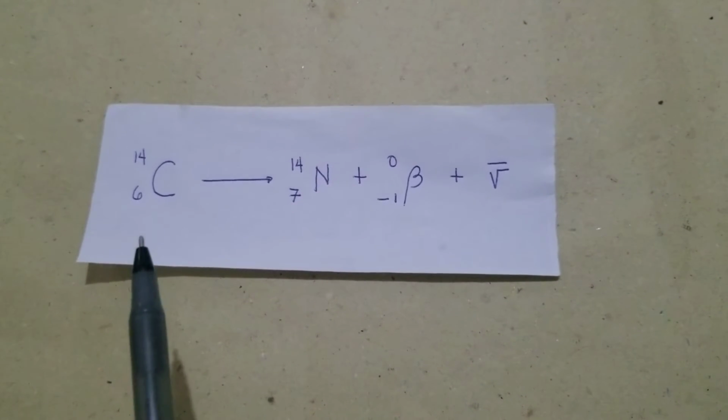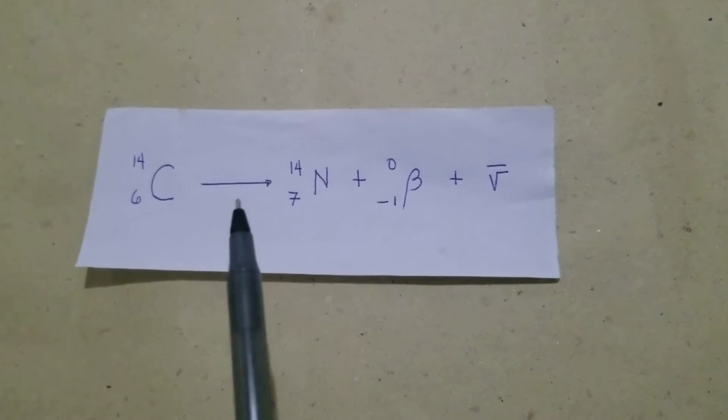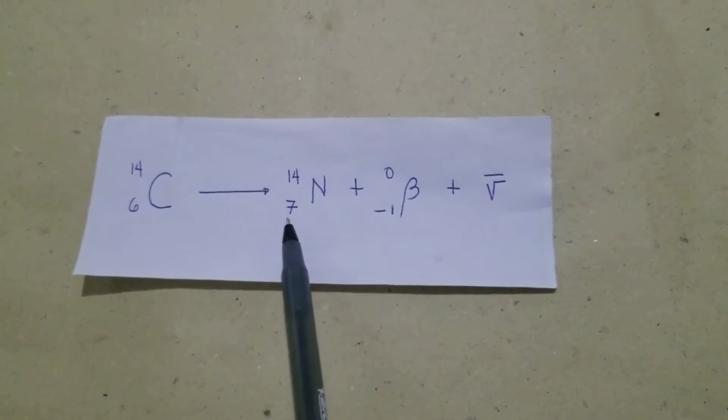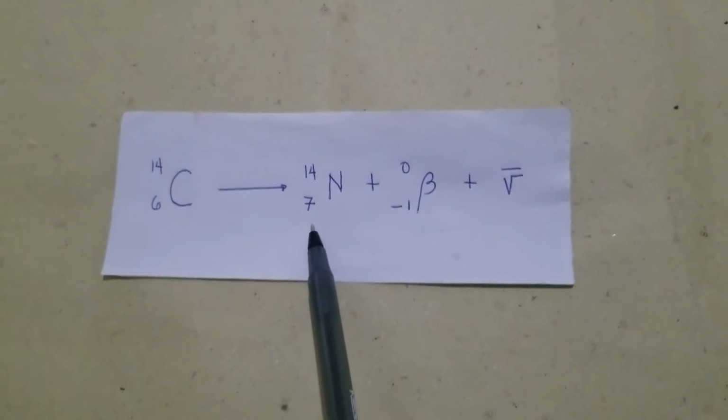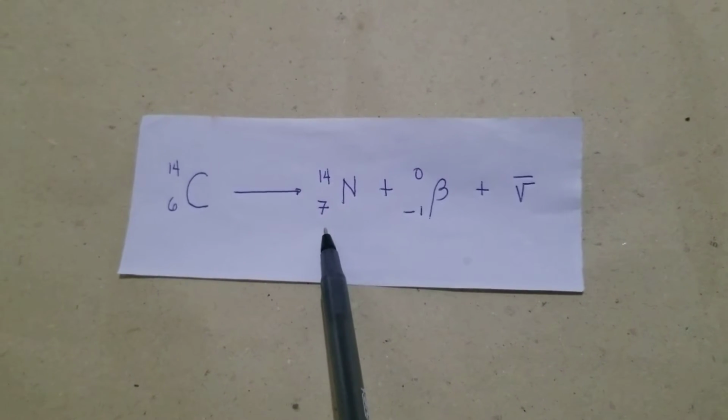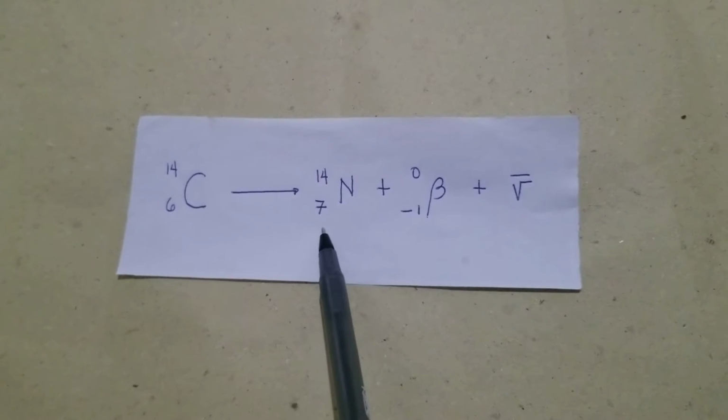In this process, and in any beta decay, the atomic number increases by 1 because a proton has taken the place of the neutron that decayed.